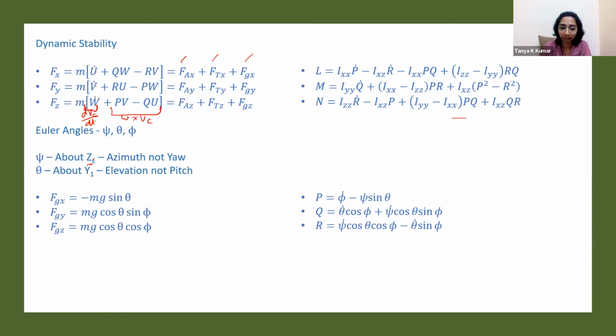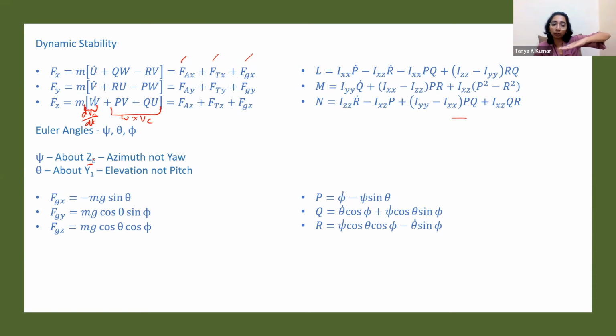Similarly, you have theta. Theta is about y1. What is y1? So initially, your aircraft is at one place. You rotate it about ZE by an angle psi. Then you have a new coordinate system, which is x1, y1, z1. Okay, you have x1, y1, z1. Z1 is the same as ZE because you're rotating about the ZE.